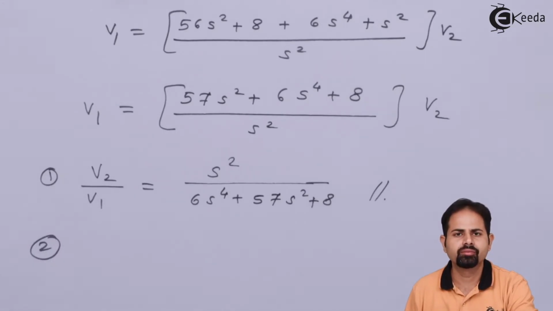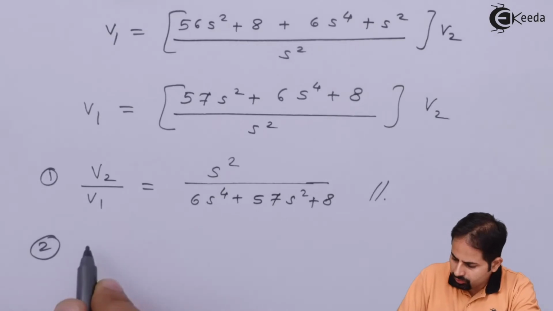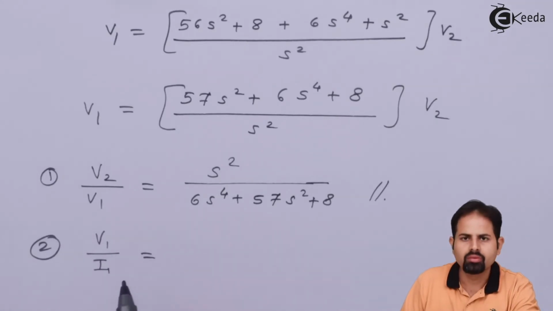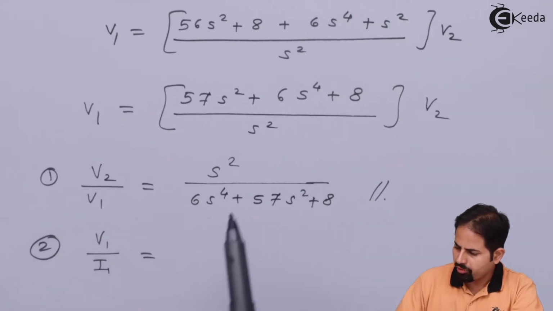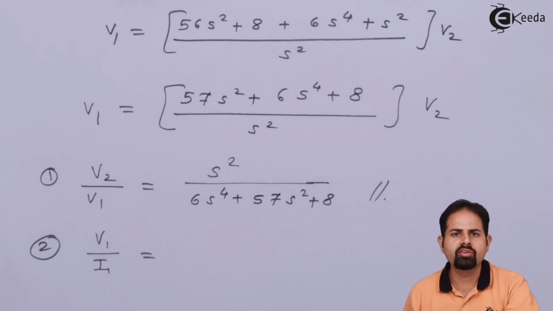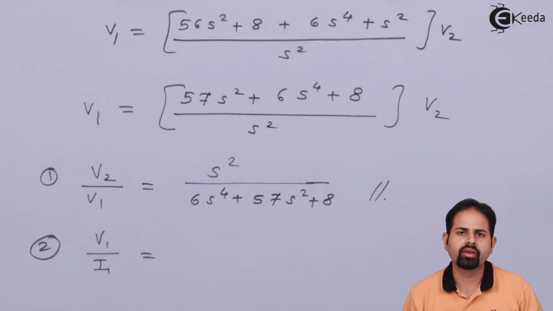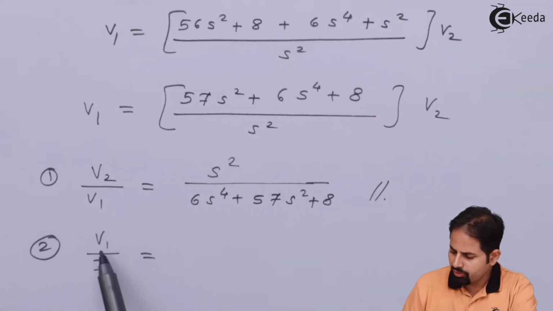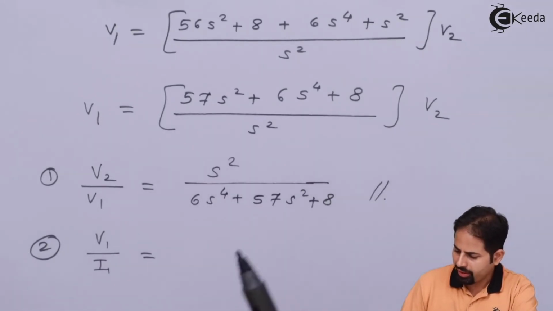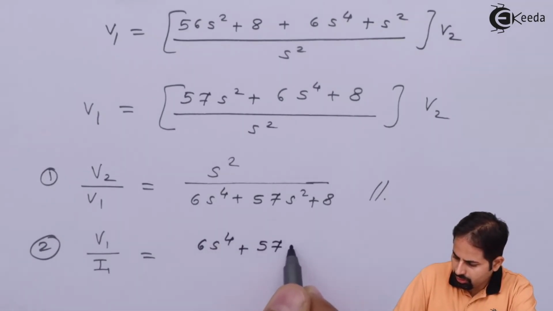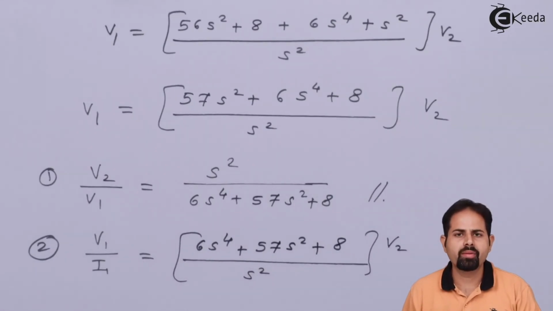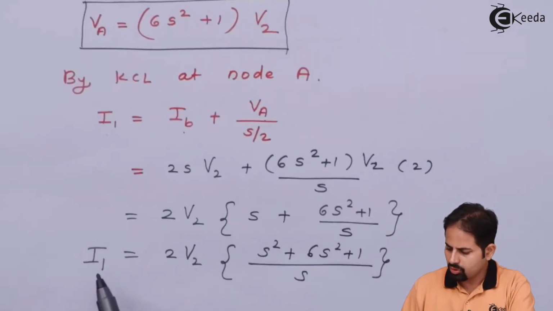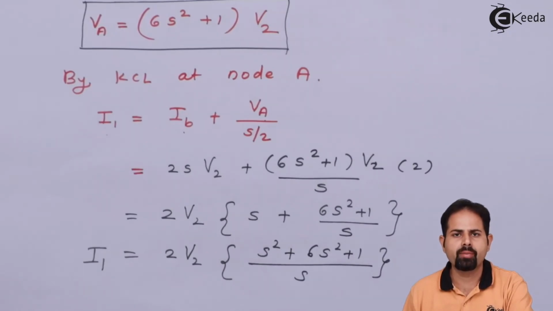Now the second one is V1 upon I1. For that, V1 is what we have in terms of V2, and we also have I1, so we will write I1 also. This V1 is what we already have got here, and it is divided by I1. This is the value of I1, which is 2V2 into bracket s square plus 6s square plus 1, divided by s.